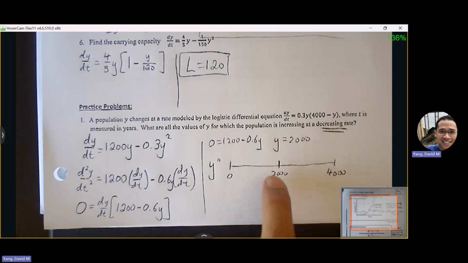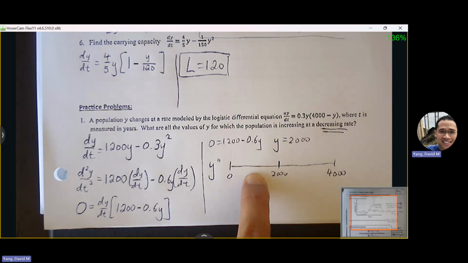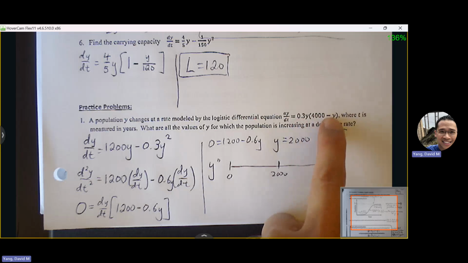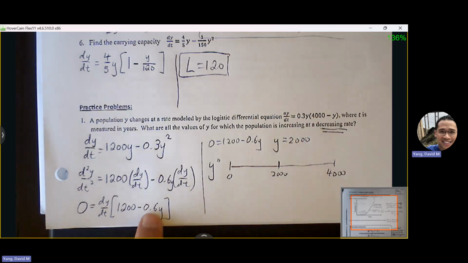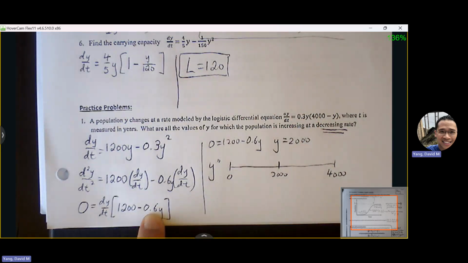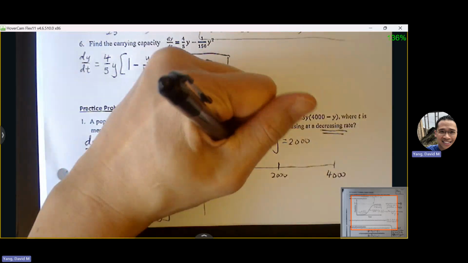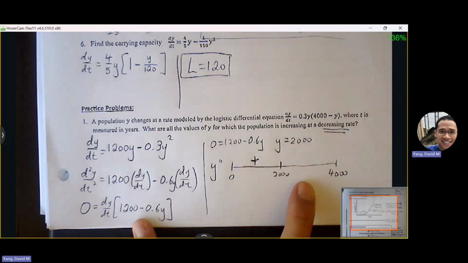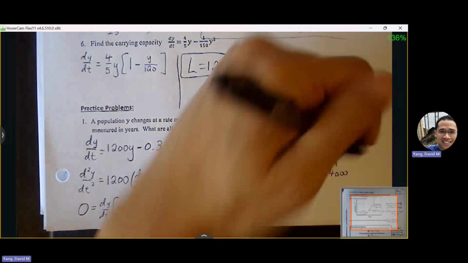If I want to test each subinterval here, I can test, let's say, 1,000. If I plug in 1,000, dy dt will be positive times positive, and 1,200 minus 0.6 times 1,000 is also going to be positive. So positive for this subinterval. If I plug in 3,000, this will give me a negative, but these are still positive, so there's only one negative.